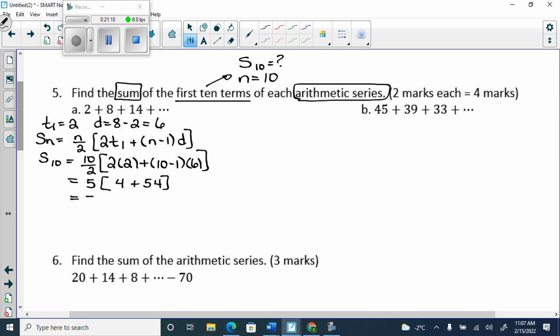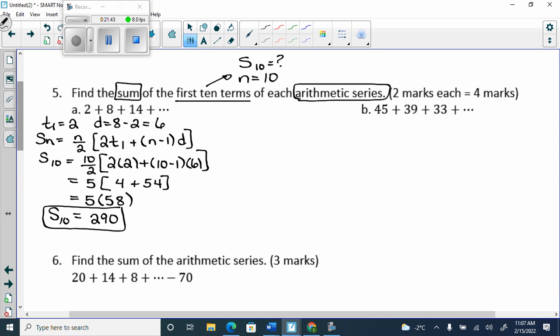And so it's 5 times 58, which is, what is it going to be? 5 times 58? Yep. Now, does that make sense? I'm going to go 2 plus 8, which is 10, plus 14, which is 24. Then I'm going to add 6 more, plus 20 is 44. So 290 seems realistic. If you were like 10,000, it would seem off.